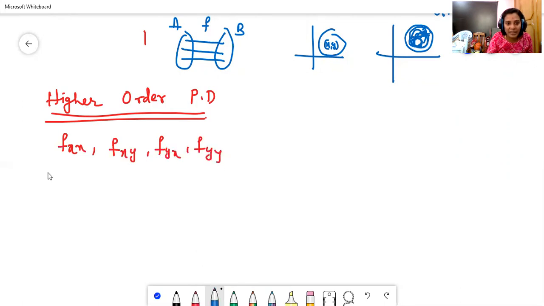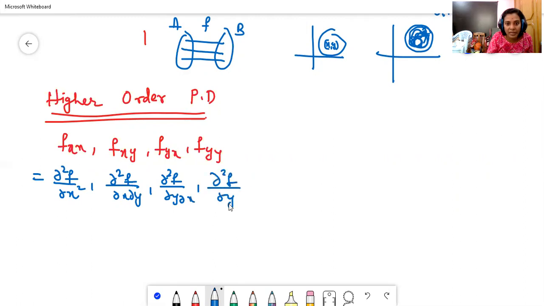It is also denoted by dou square f by dou x square, dou square f by dou x dou y, dou square f by dou y dou x, dou square f by dou y square. Whatever the notation may be, we just concentrate on differentiating with respect to the particular variables.